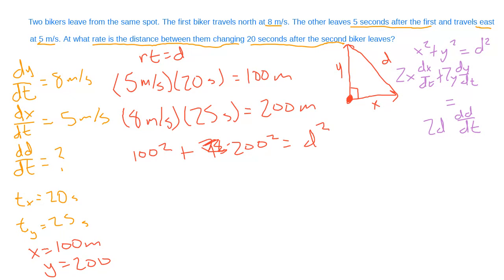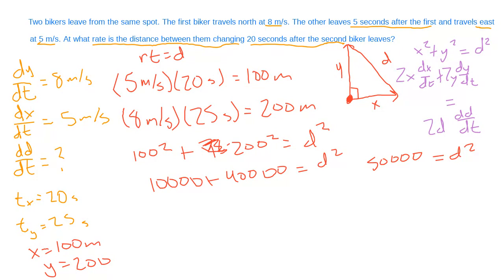So we get 10,000 plus 40,000 equals d squared. 50,000 equals d squared.